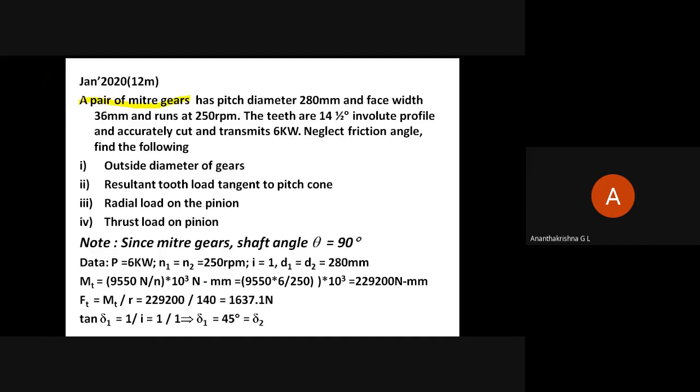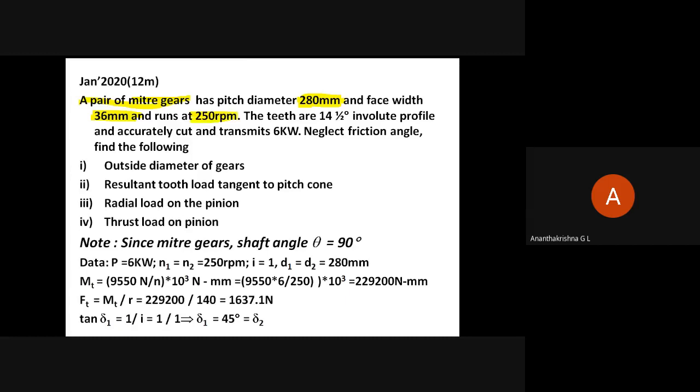A pair of miter gears has a pitch diameter of 280 mm, that is the pitch circle diameter, or you can take it as D1 and D2, and face width B equal to 36 mm and runs at 250 rpm.